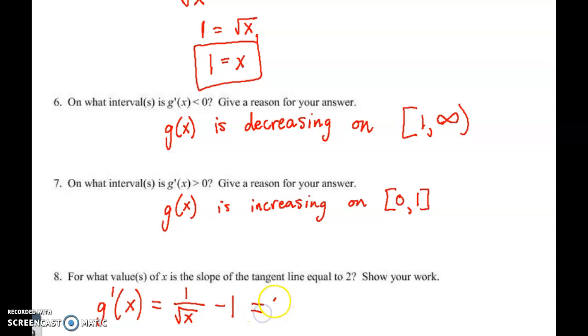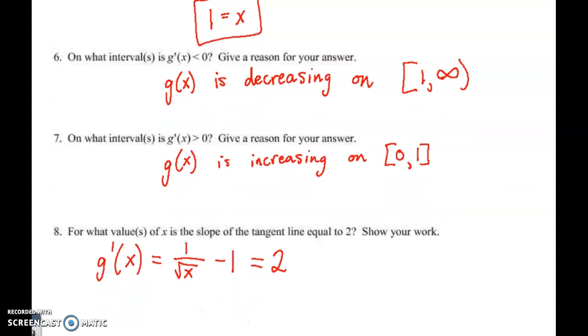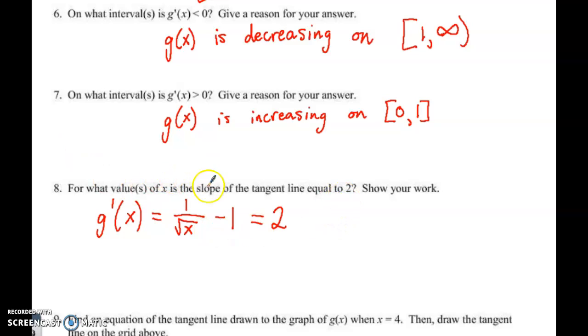And what we want to do is see where this function is equal to 2. So the slope of the tangent line is equal to 2. So now what I would do is, again, just algebra, add 1 over. And then I would cross multiply. I don't know if that's helpful for anybody, but you'd have 1 over 3 root x.